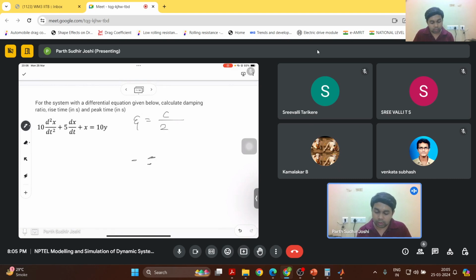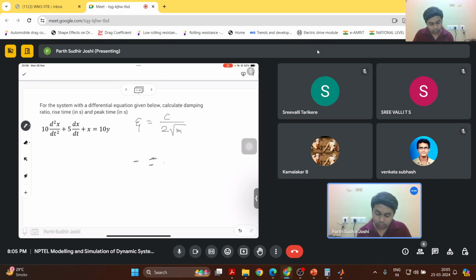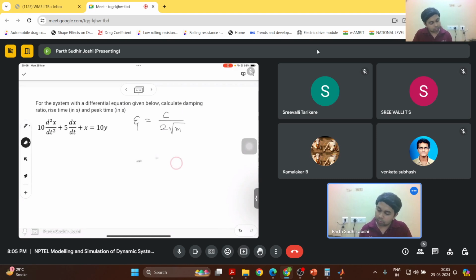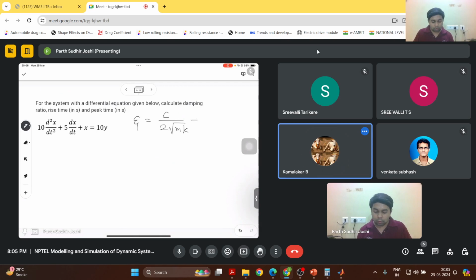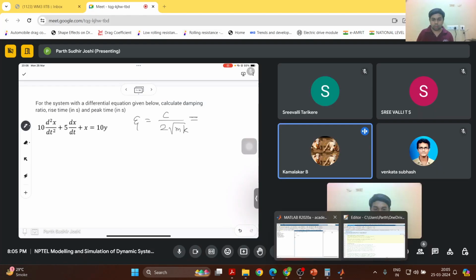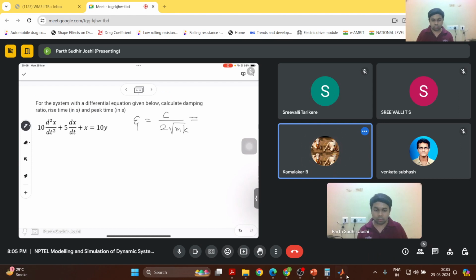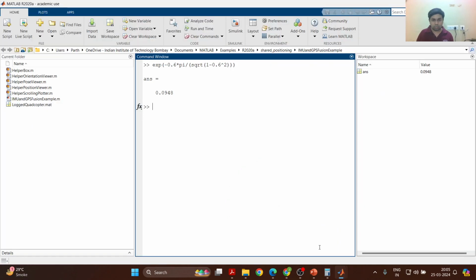It will be basically the same, C over 2 root mk. So C is 5. So zeta is 5 over square root of 2 into square root of 10.